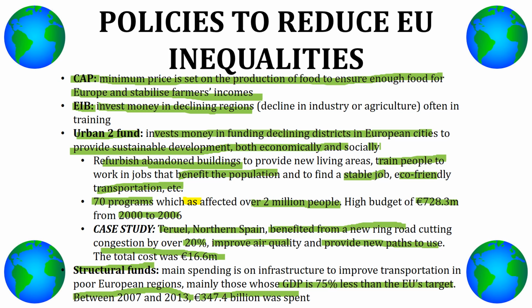people, and from 2000 to 2006 there was a fairly high budget of 728.3 million euros. An example where the Urban 2 Fund has been successful is the town of Teruel in northern Spain, where the population benefited from a new ring road, which cut congestion by over 20%, improved air quality and provided new paths for cyclists and pedestrians to use.